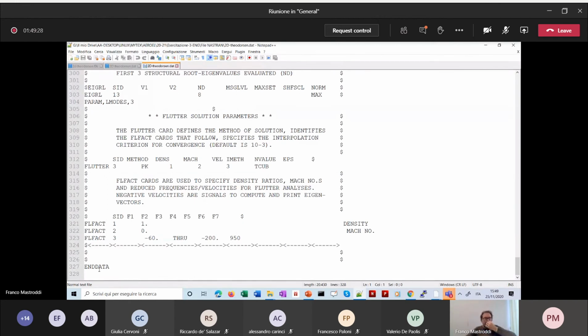Most of these lines are comments, and as most of you know very well, the comment character in a Nastran data input file is the dollar symbol, like that. So whenever you see a dollar, you have a comment in your data input file.